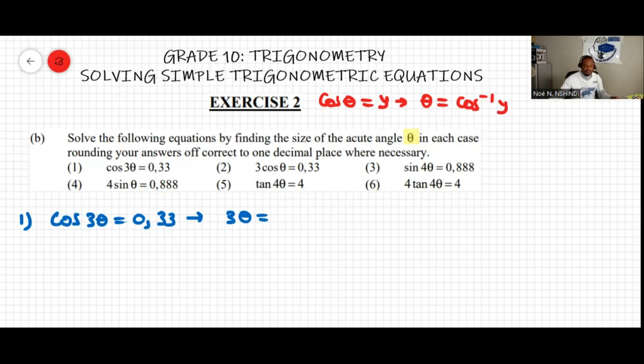So now this means 3 theta will be equal to cos minus 1 of 0.33. Here the angle is 3 theta.